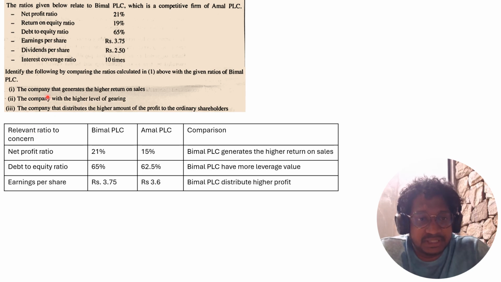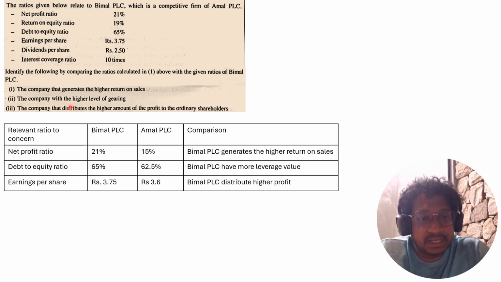They are asking which company generates the higher return on sales. To find that, you have to consider net profit ratio. Amal PLC's net profit ratio is 15%, and Bimal PLC's is 21%. So Bimal PLC generates more return on sales than Amal PLC.